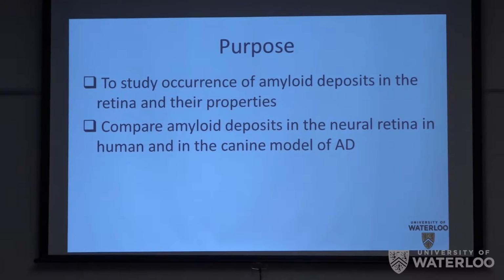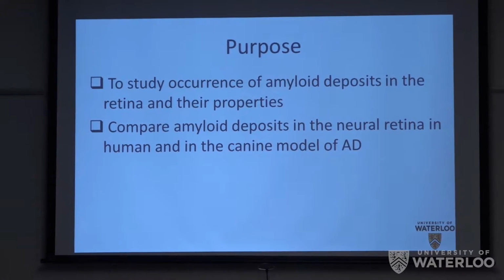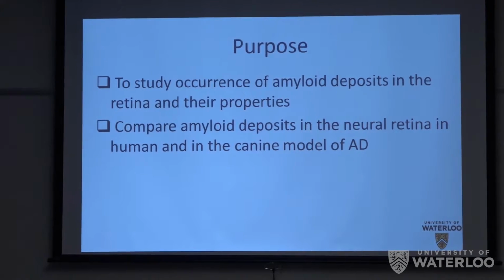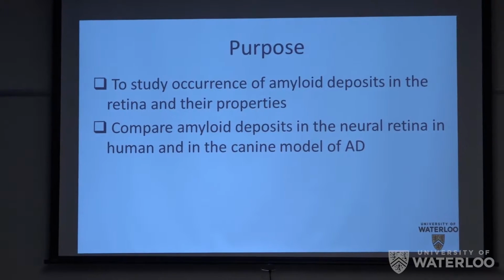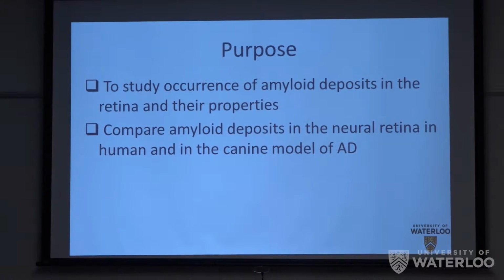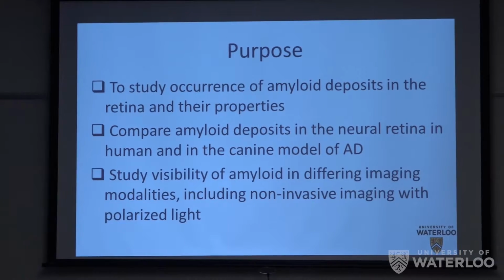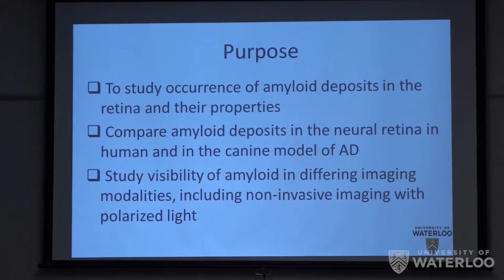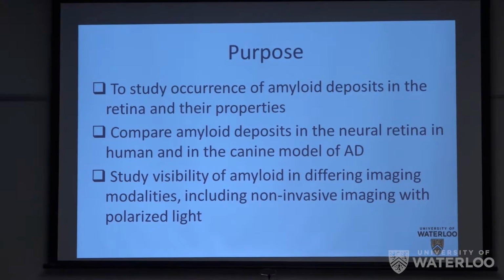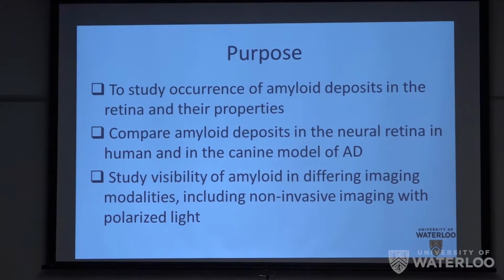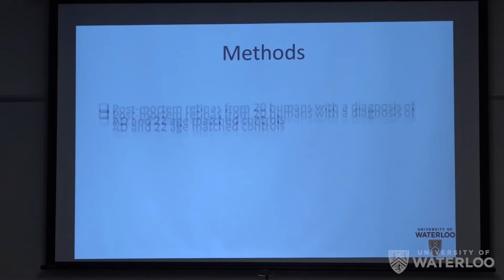And of course, because of their shorter lifespan, we're able to get more tissue than from the humans, and so that helps us in developing our methods. So we wanted to study the visibility of this amyloid in different imaging modalities, and particularly imaging with polarized light.